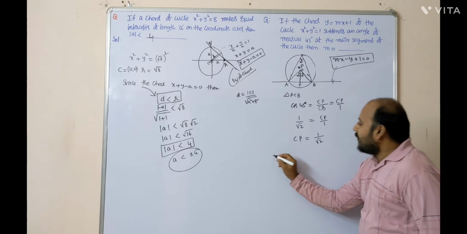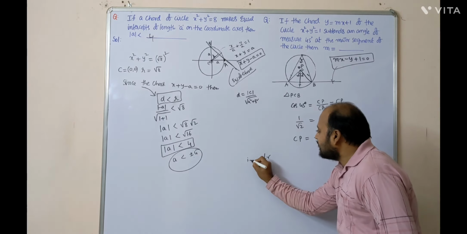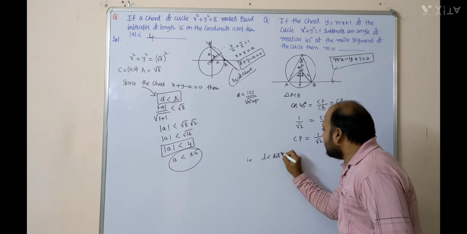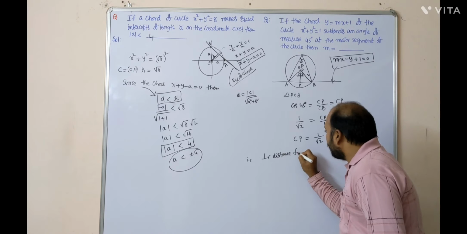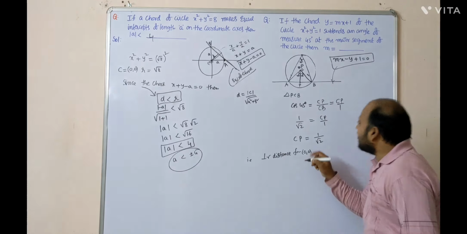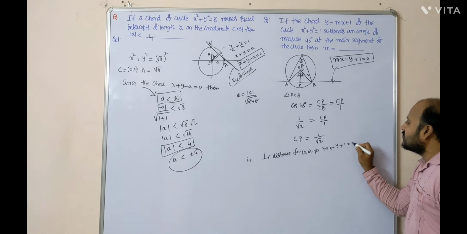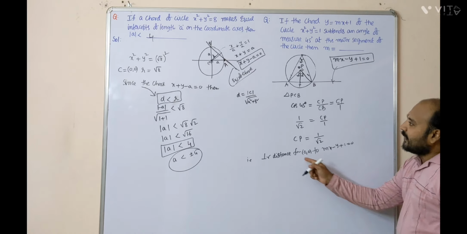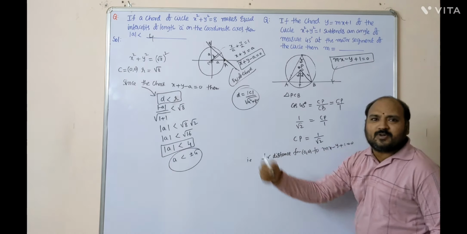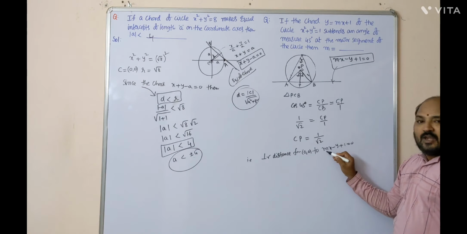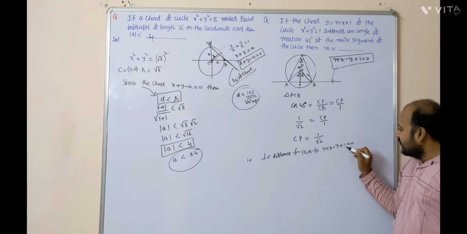CP, the perpendicular distance, that is the distance from the center of the circle 0, 0 to mx minus y plus 1 equal to 0. So perpendicular distance means again this formula can apply, students. A value is m, b value is minus 1, c value is 1.